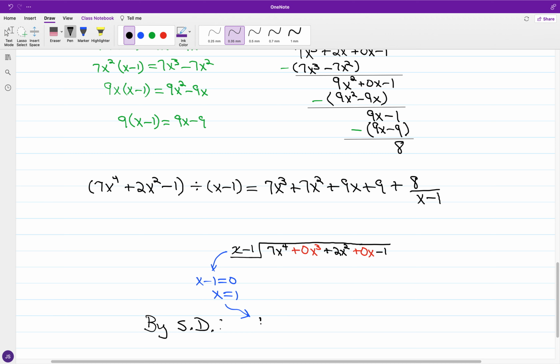So you've got 1 to 0. And then with the coefficients, we've got 7 for x to the 4th, 0 for the missing x cubed, 2 for the x squared, 0 for the missing first order x term. And again, we close out with negative 1.